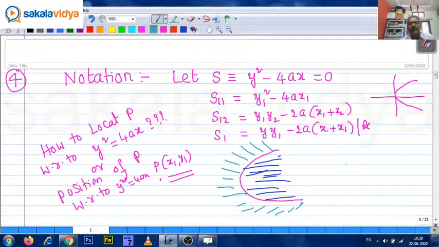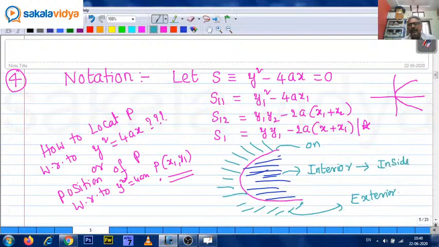This part is called interior, this part is called exterior, and this part is called on. Three parts. Interior means inside, exterior means outside, and on means on the curve.